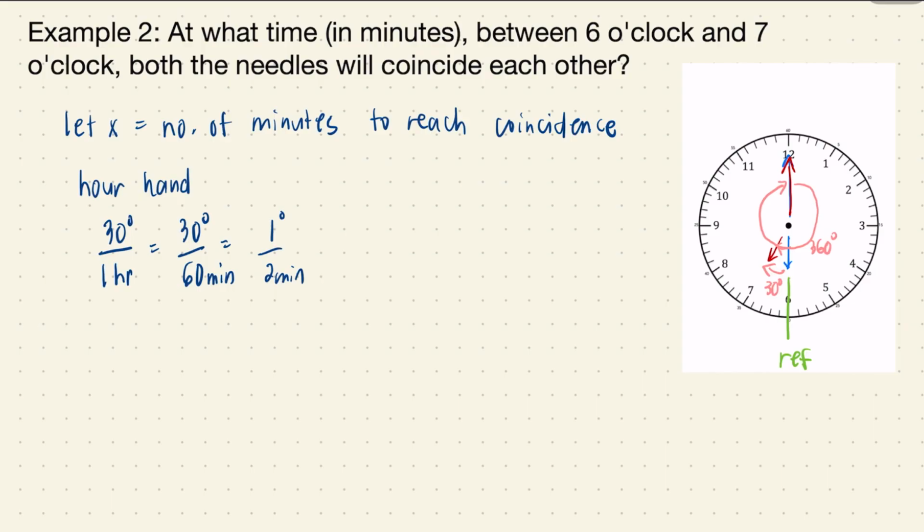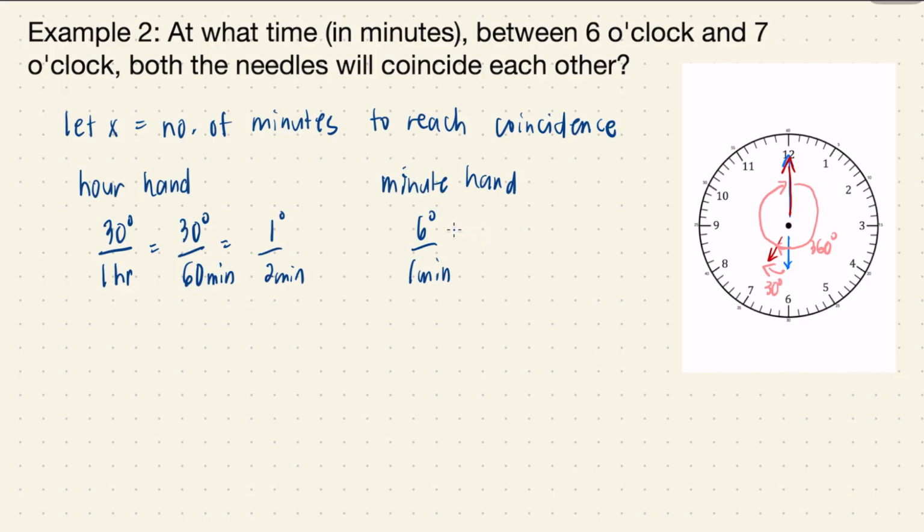Okay, and then for the minute hand, I don't think you'll need a reference. Let's just remove the reference first. Then for the minute hand, this will travel that x number of minutes, but then again, it travels at 6 degrees per minute.